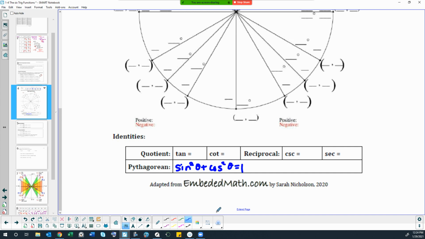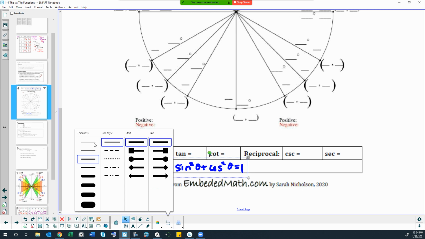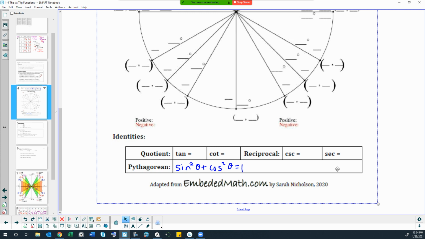Now there are actually two other versions of that Pythagorean identity. I don't think we need to know those right now. It might come later in this section. We'll know when we get to the examples, and we'll talk about it today if we need to. Otherwise, I know it's somewhere in this chapter. Okay, so we're going to come back and fill these identities in here in just a second.